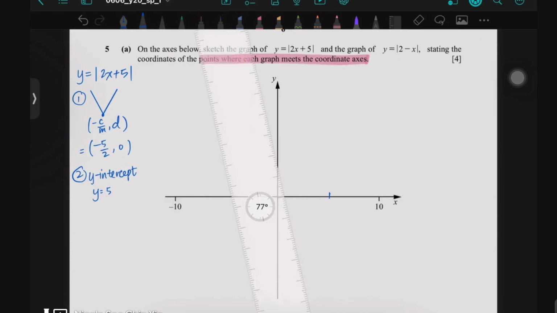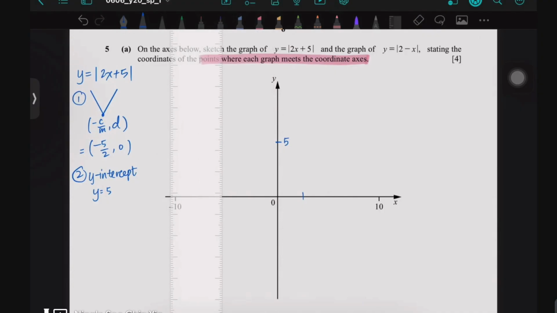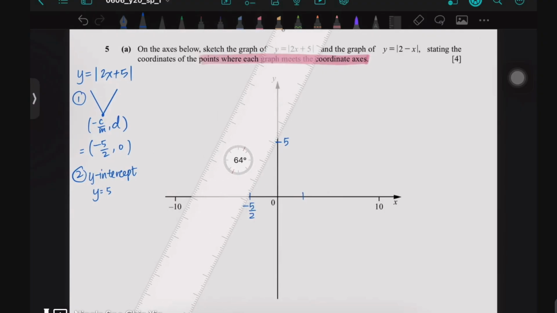This side also. 5 over 2 may be here. Sorry, it's negative 5 over 2. Okay, I will draw out my curve, my modulus function.